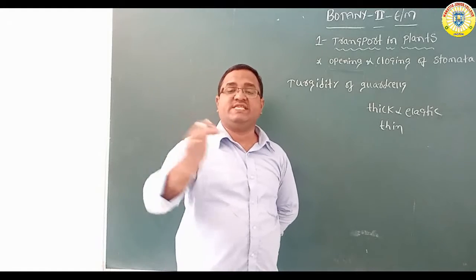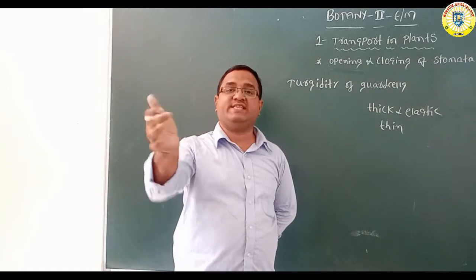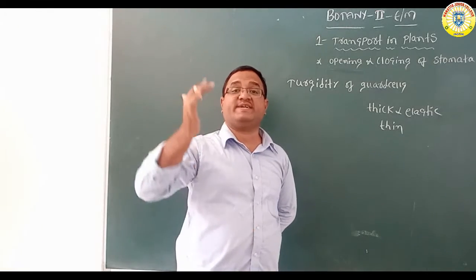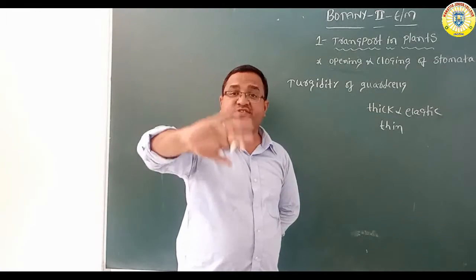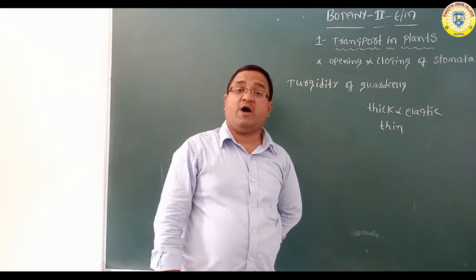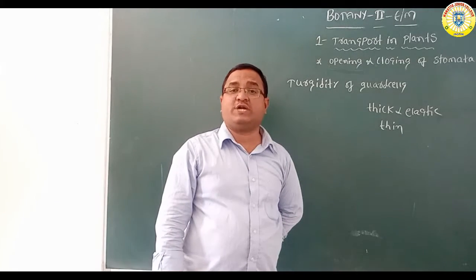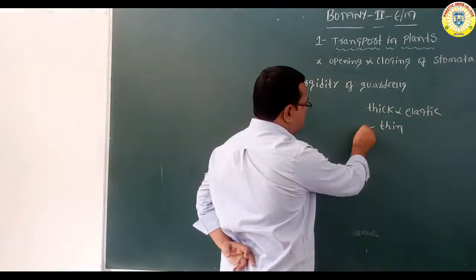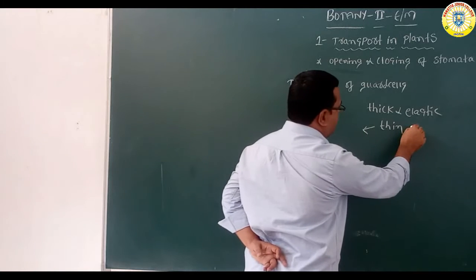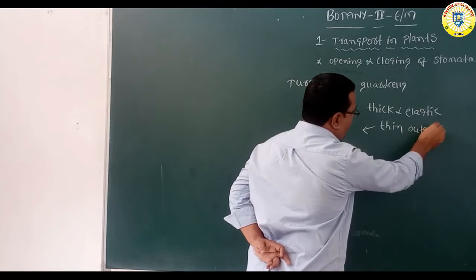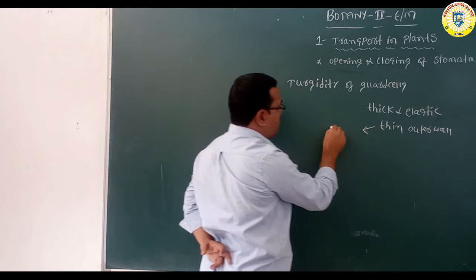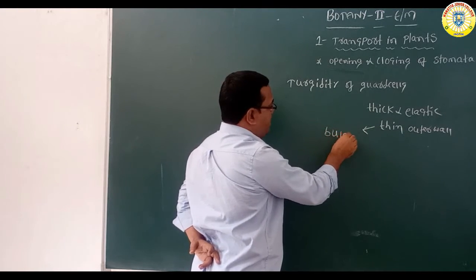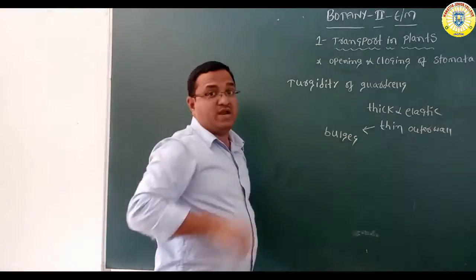Whenever the turgidity increases, whenever water enters into the guard cells, the thin outer wall bulges out. And what about the inner wall?